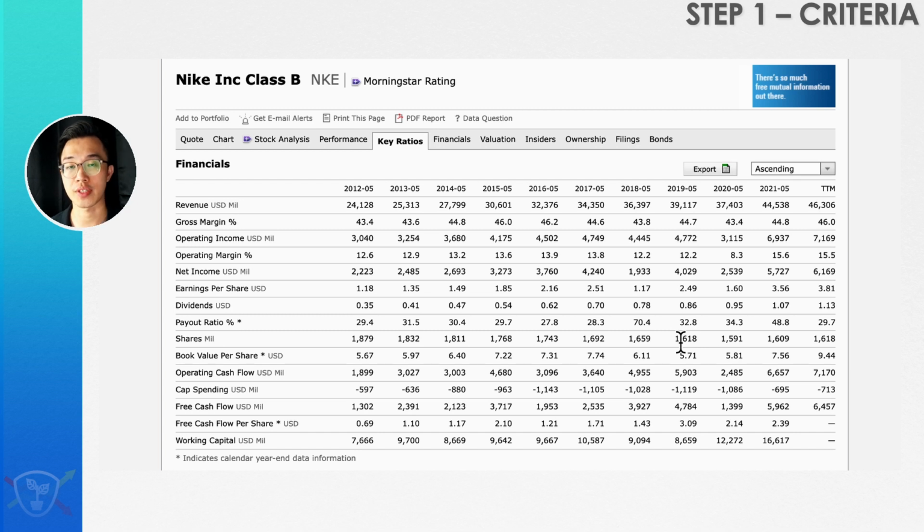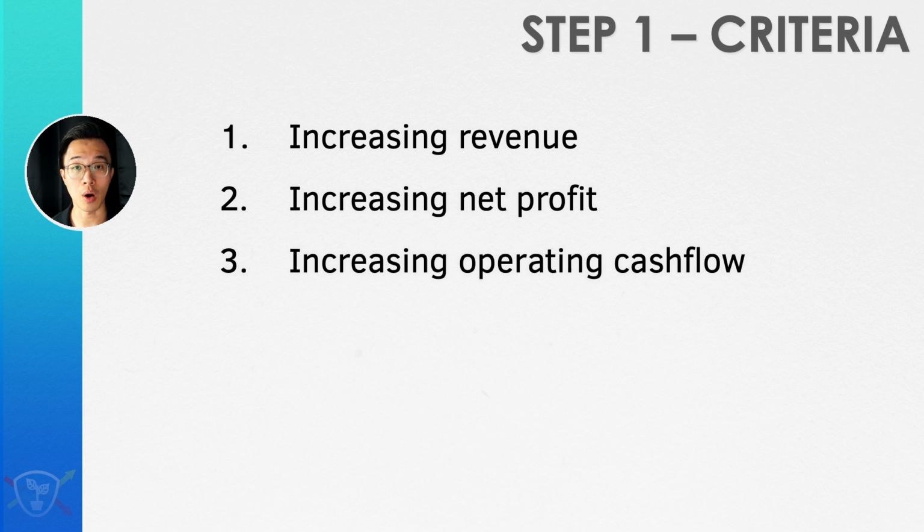So what we need to see is that the operating cash flow of Nike also needs to be generally increasing over the past 10 years. And we see that operating cash flow, which is right here, is also in a general upward trend. So for Nike, we see that all the 3 criteria are met. Therefore, Nike is a suitable candidate for a DCF valuation.